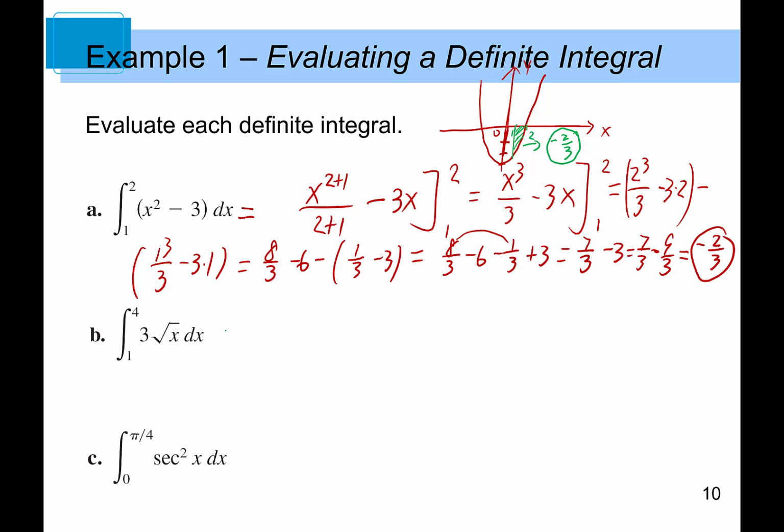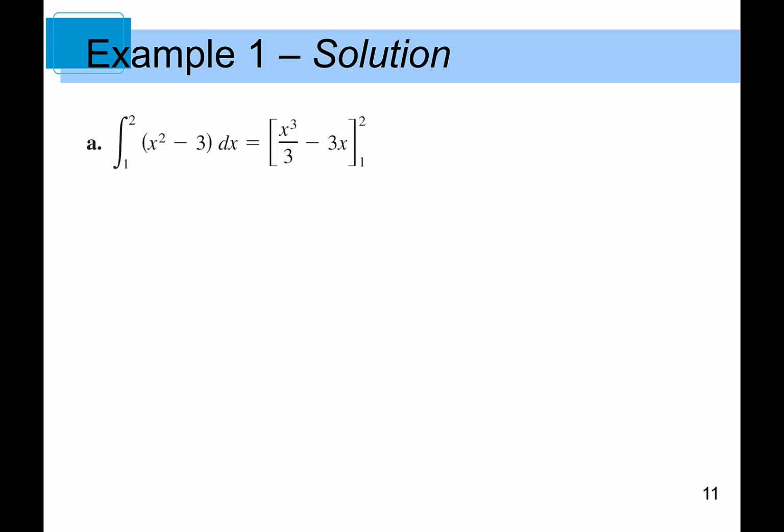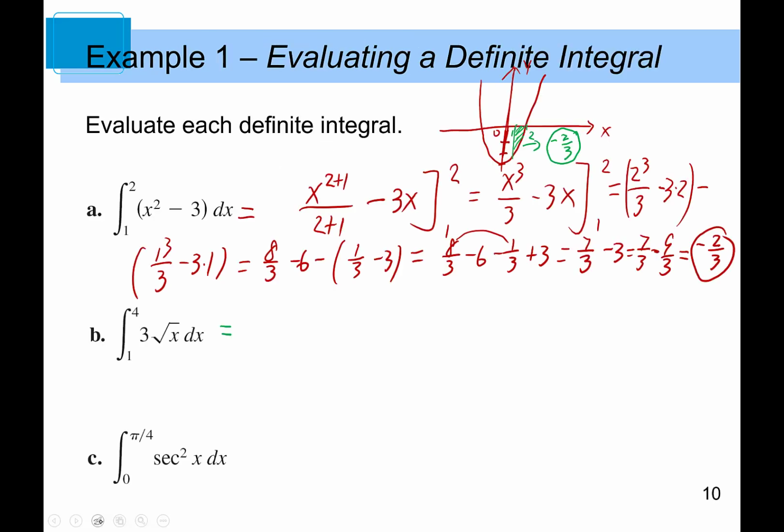Alright, let's take a look at the second example. So right here, the 3 comes out front. The square root of x becomes x to the half.